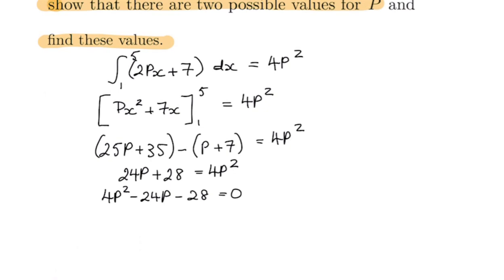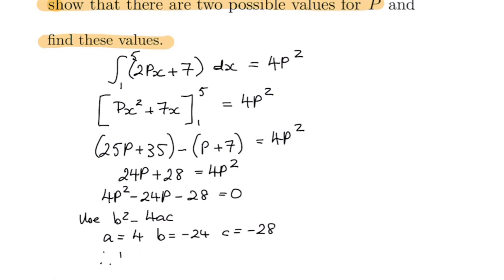Now, I can now solve that, and that will answer the second part of the question, find these values. But it says show that there are two possible values. So in order to do that, I've got a quadratic. How do we show that a quadratic has two values? We use the discriminant. So I'm going to use b squared minus 4ac, where a is 4, b is negative 24, and c is negative 28.